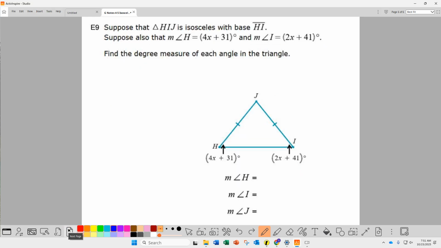So it says you got an isosceles triangle. Here's the isosceles triangle where the two sides are the same. That means these base angles across from it are going to be congruent to each other, which means we're going to set this equal to this. So set up your equation. 4x plus 31 is going to equal 2x plus 41.